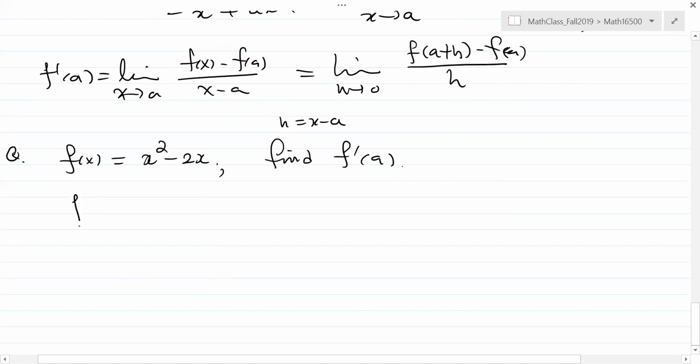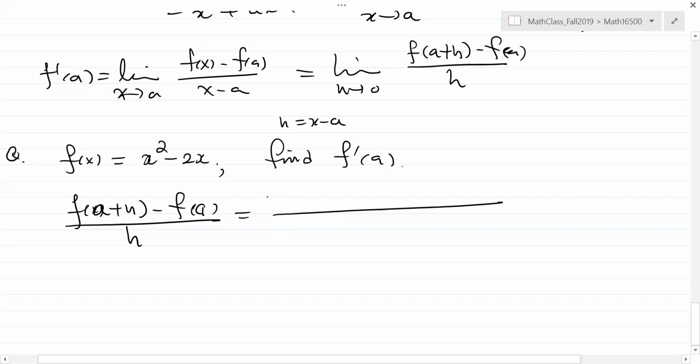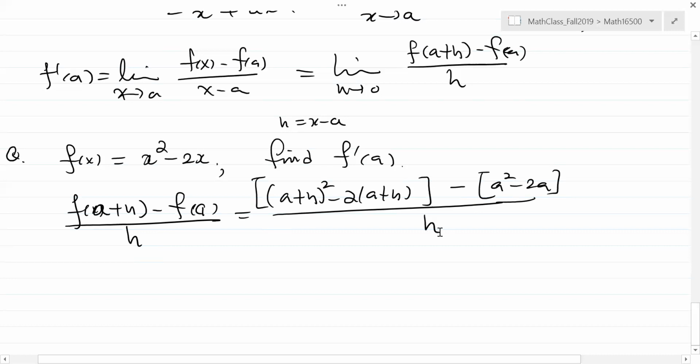I'm going to use the new formula, using the h here. So f of a plus h minus f of a, divided by h. That is going to be a plus h squared minus 2 times a plus h, that's the first function, minus a squared minus 2a, divided by h.